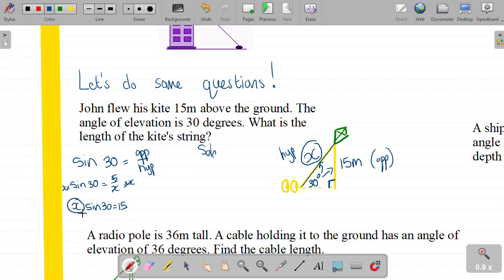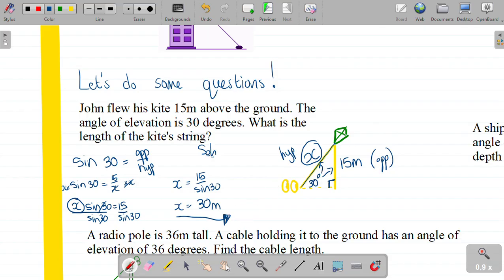So we're going to divide by sine of 30, and we must do the same to the other side. Divide by sine of 30. Those will cancel, and we'll be left with x is equal to 15 over sine of 30. You put that in your calculator, and you'll get 30 meters. Okay, so that is how we do that question, guys.